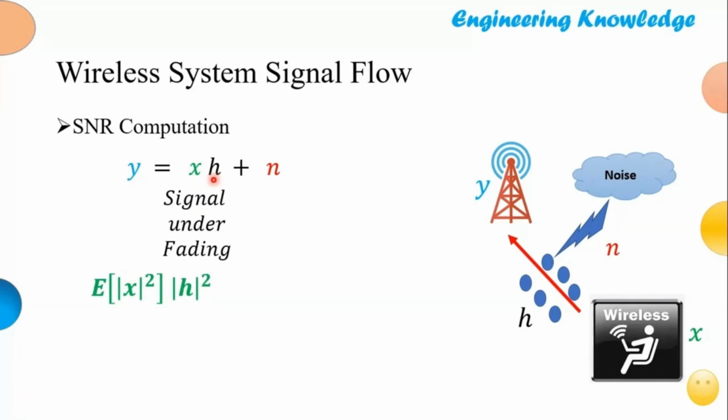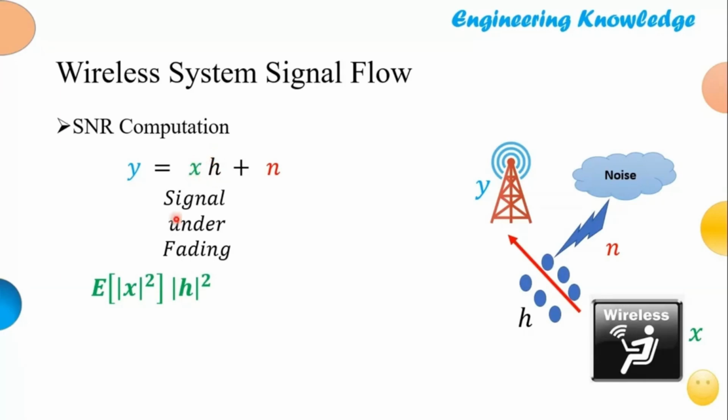The signal power can therefore be calculated as the expected value of |x|^2 times |h|^2. We have to understand that these are voltages, and power is given in terms of voltage square, v^2 upon r. Also, x is generated using BPSK, which is random in nature, so we take the expectation of |x|^2, and |h|^2 is the power of the fading channel.